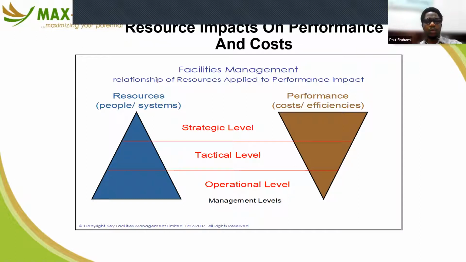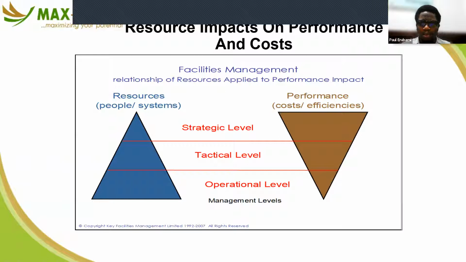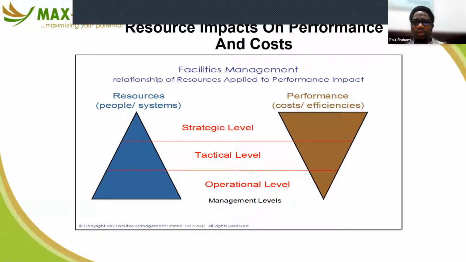Okay, so at that level, you find the requirement for resources and systems being the lowest, but the performance is the highest, because of the impact of a well-thought-out strategy, the impact of the best kinds of policies, the impact of all of that high-level thinking and reasoning and looking into the glass to see ahead, creating so many scenarios and alternatives and exposing opportunities, threats, and so on and so forth.